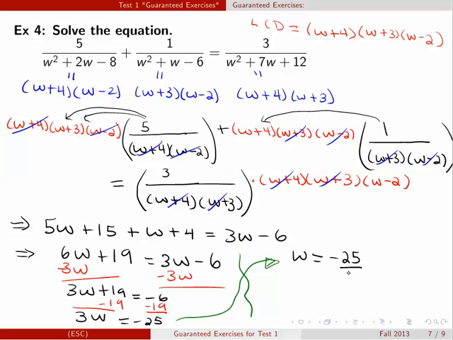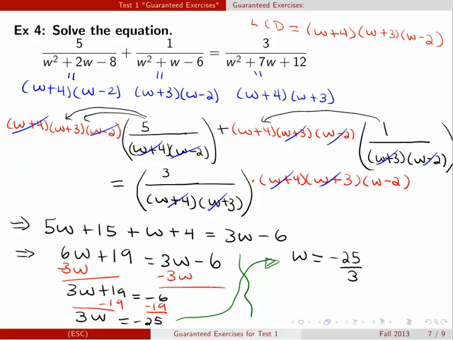Okay, now something I didn't mention is that sometimes you might have invalid solutions. Those are possible solutions where the number makes the denominator undefined.